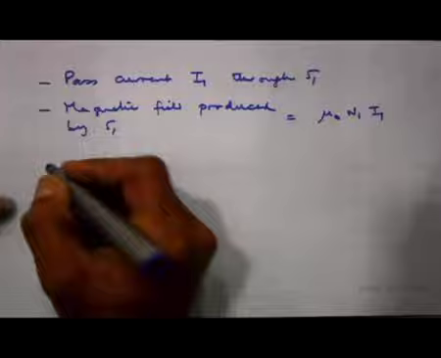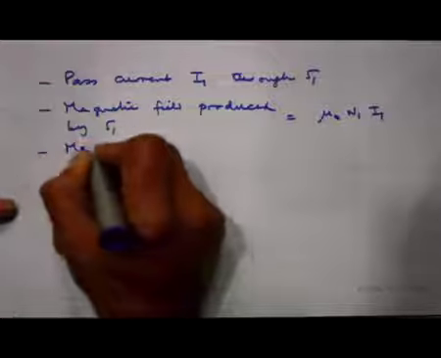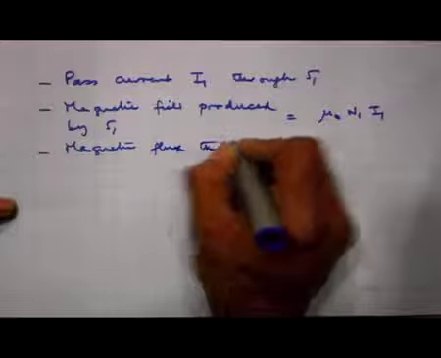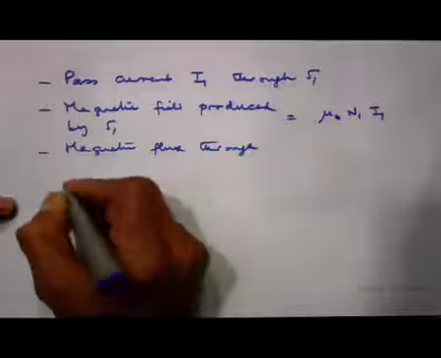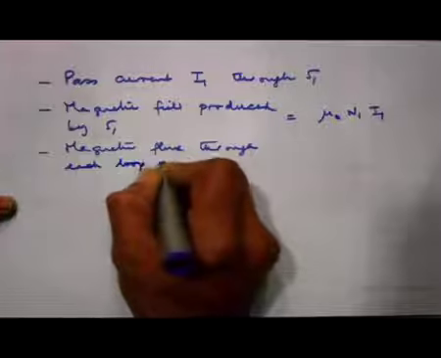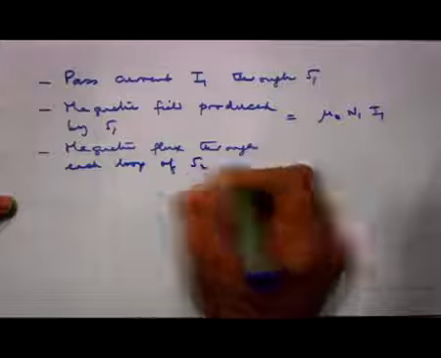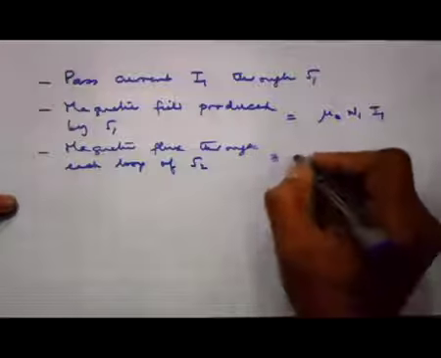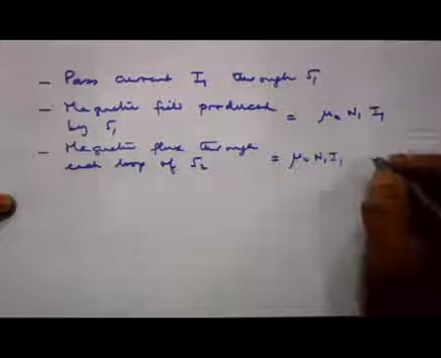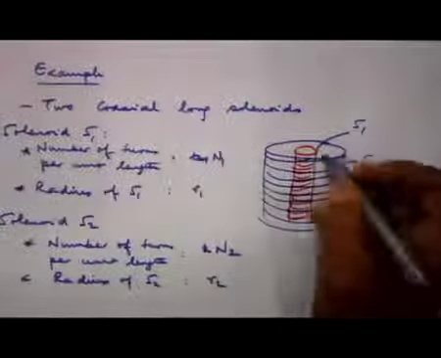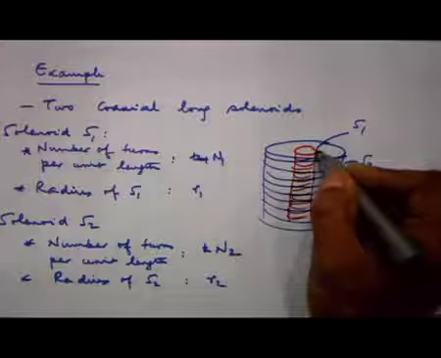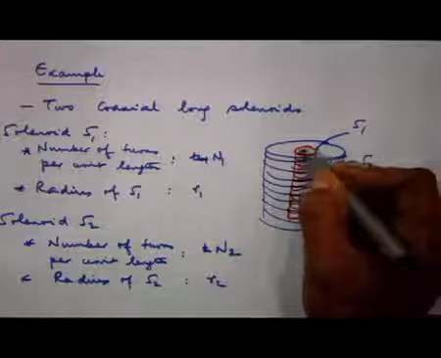So, what is the magnetic flux through each loop of S2? It is equal to the magnetic field mu naught N1 I1 into this area only, because although S2 is bigger, there is no magnetic field outside between S1 and S2; the magnetic field only exists within S1.